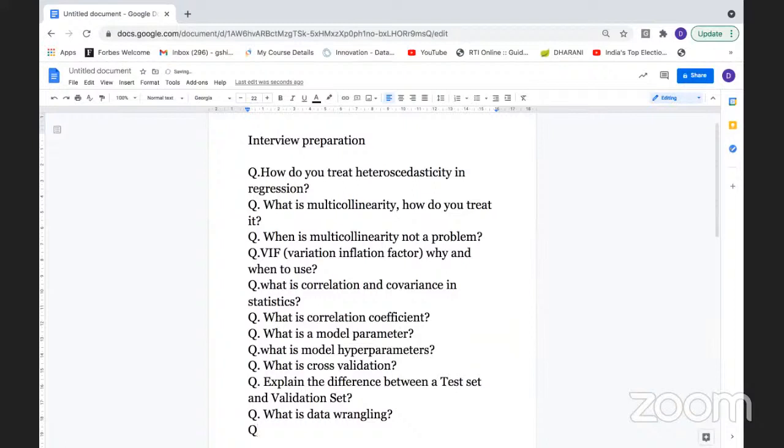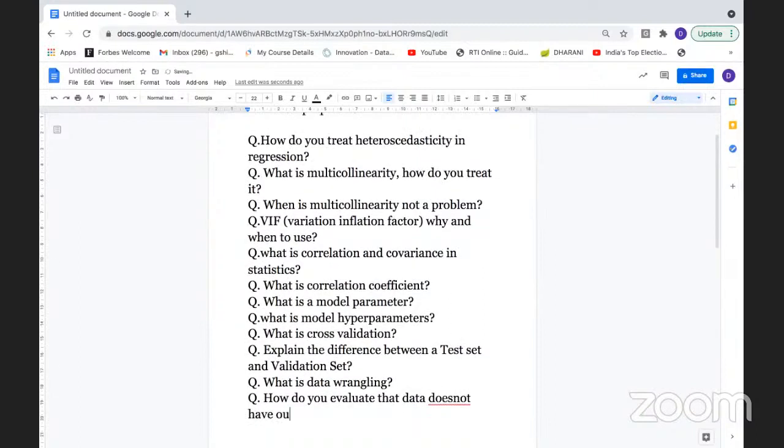So if we are giving the list of all this as a part of wrangling, the next question would be, how do you evaluate that the data does not have outliers? How do you evaluate that?